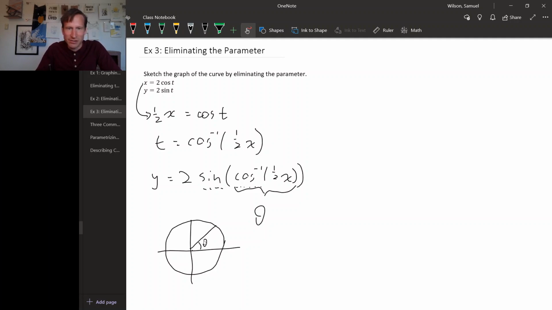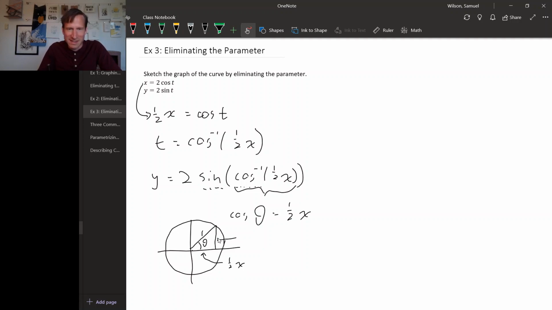Our angle theta is going to be here. For the cosine of theta to be 1/2 x, we would want this bottom side to be 1/2 x, and the hypotenuse to be 1.